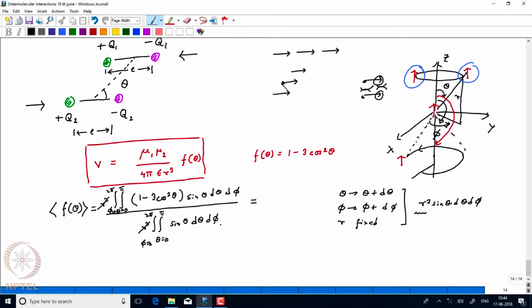So, this integration will always give 4 pi, and out of this 4 pi, 2 pi will get cancelled by the phi integration in the top. So, we will be left with a factor of half, and then we have to integrate only this part, which is 0 to pi 1 minus 3 cos square theta sin theta d theta. So, this is our integration.